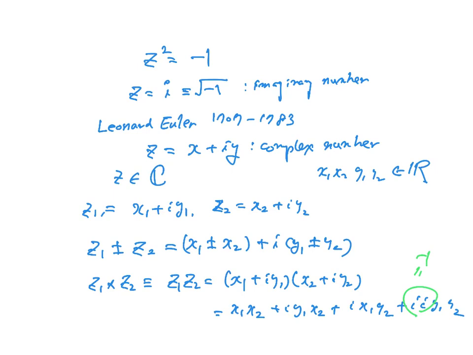So it becomes (x1 x2 minus y1 y2) plus i (x1 y2 plus y1 x2), which belongs to complex. So multiplication can be defined. Am I going too fast? It's okay?